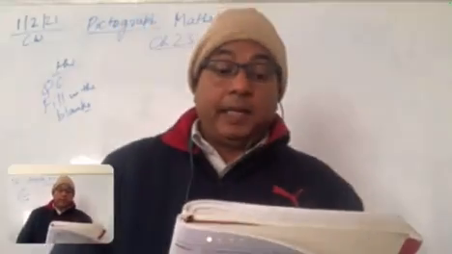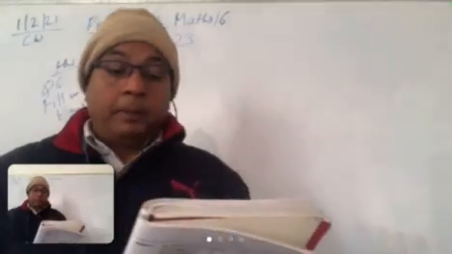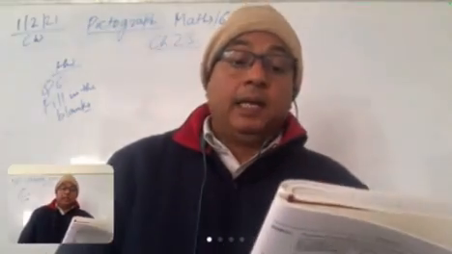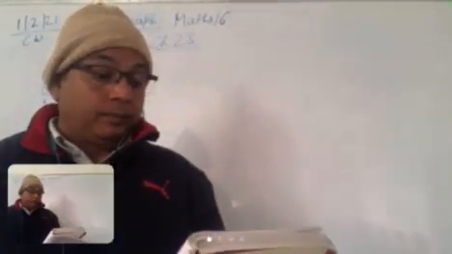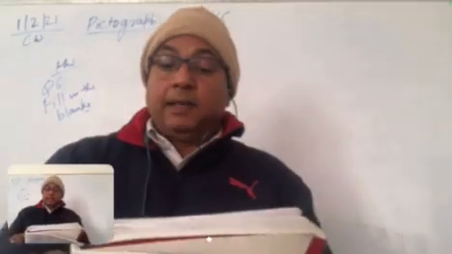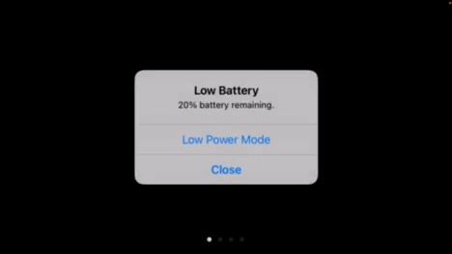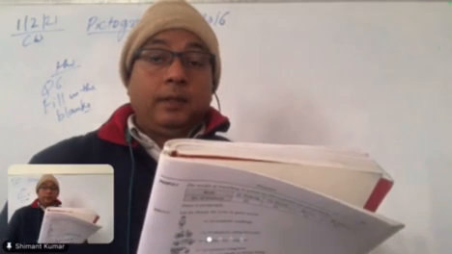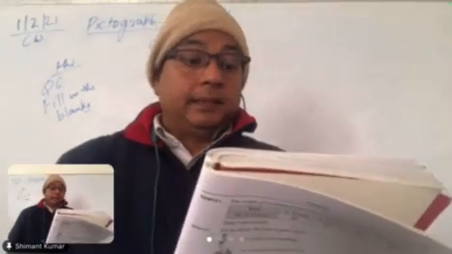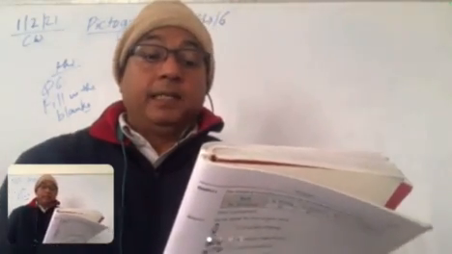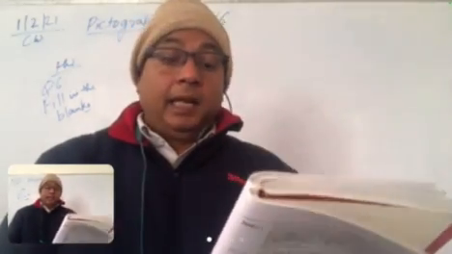The number of cricket bats sold by a shop during a week are given below. This is the table that is given here. Days, number of bats sold. This is the days: Monday, Tuesday, Wednesday, Thursday, Friday, and Saturday.